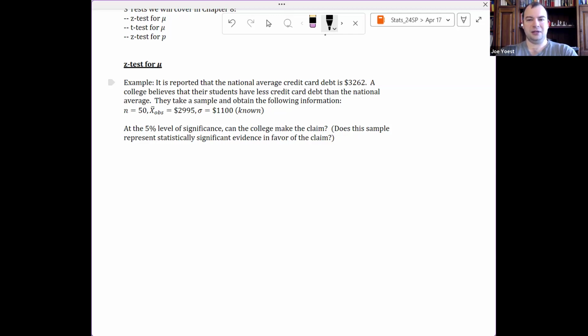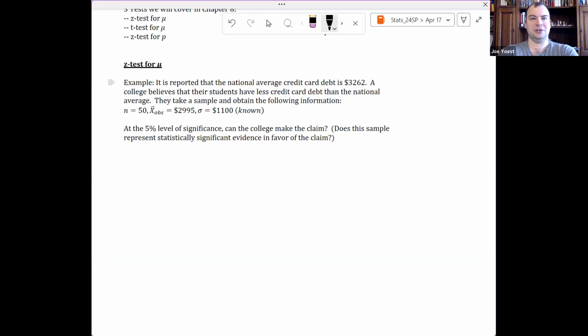We realize that X bar observed could be less than $32.62, possibly because of sampling error, or possibly because of an underlying truth that our true mean is lower than 32.62. We're trying to tell the difference between those two here. We're trying to ask, is $29.95 so far below 32.62 that it's very unlikely that it's due to sampling error.